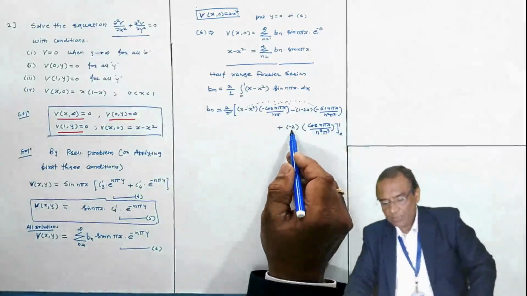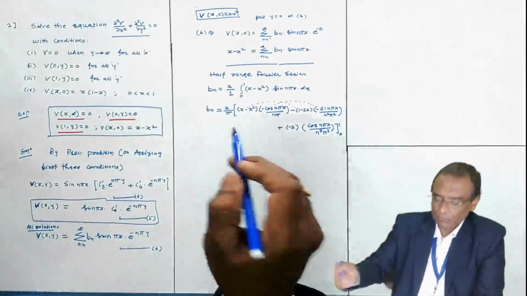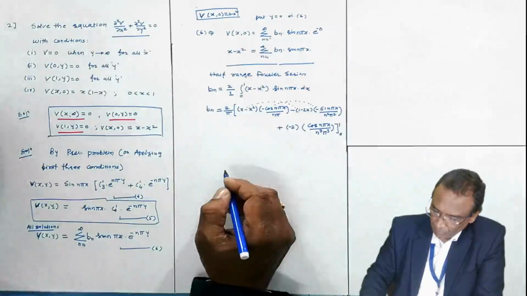Okay, because the derivative of minus 2 will be 0, the series will get terminated there.